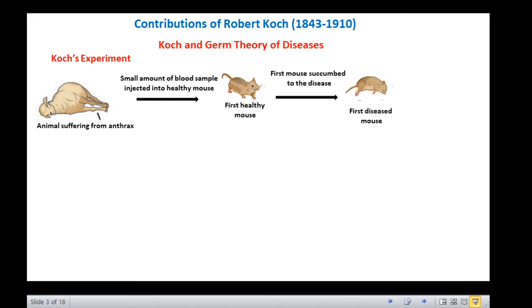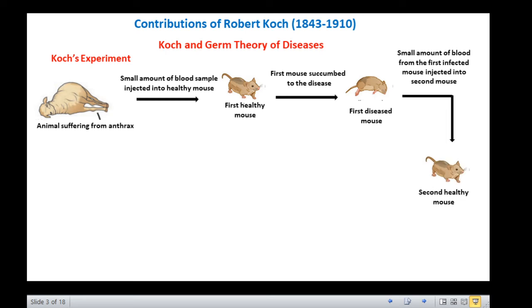Now, he took a small amount of blood from this first infected mouse and injected it into the second mouse. The second mouse too succumbed to the disease. He now took blood from the second animal, injected it into another and obtained the same characteristic disease symptoms.